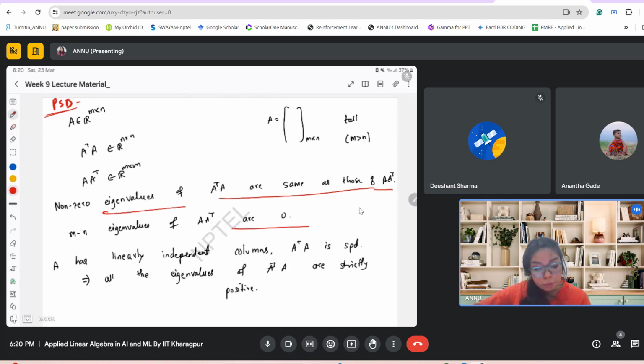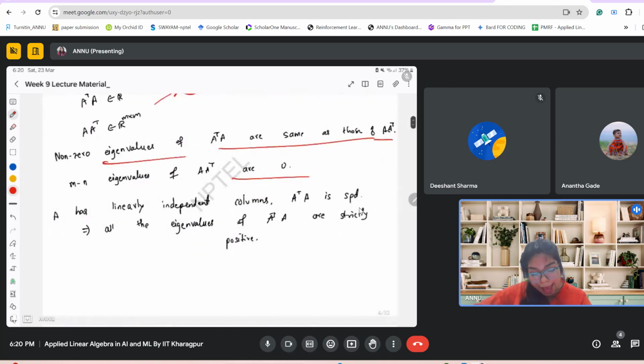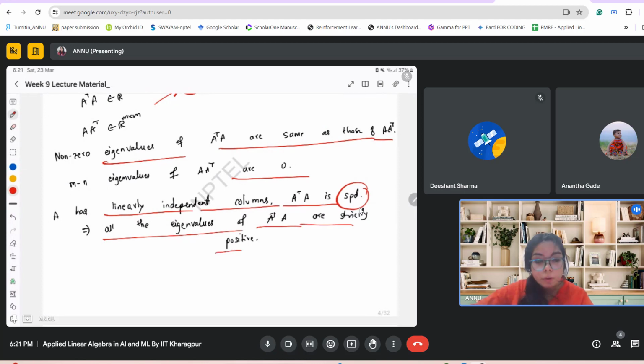This will be used in singular value decomposition. Okay. So if A has linearly independent columns, then A transpose A is a symmetric positive definite matrix. All the eigenvalues of A transpose A are strictly positive. So as we know, if you convert the symmetric matrices into PSD, then the eigenvalues will be greater than 0.